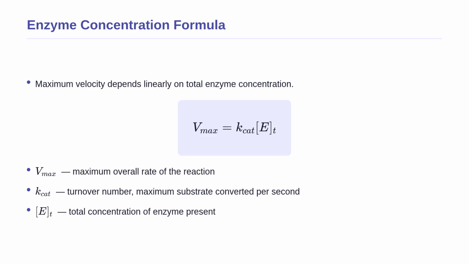Vmax, again, represents the maximum overall rate. The constant kcat is the turnover number, telling us the maximum number of substrate molecules one single enzyme can convert per second. ET represents the total enzyme concentration. This tells us that maximum speed is directly proportional to the amount of enzyme available.